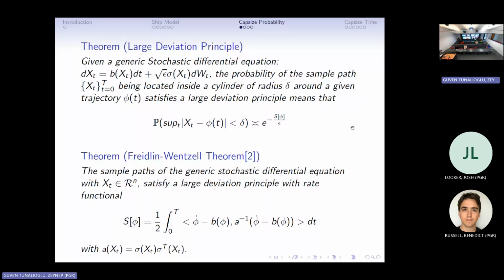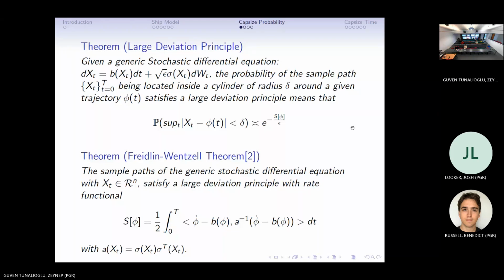So it depends on the dynamics, the difference between the deterministic, so our dynamic is phi dot is b phi plus some noise. So phi dot minus b phi is just our noise part. If we understand this from an energy perspective, it means what amount of energy do I need to make this happen? And this energy controls my probability.